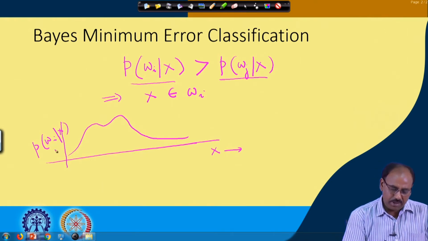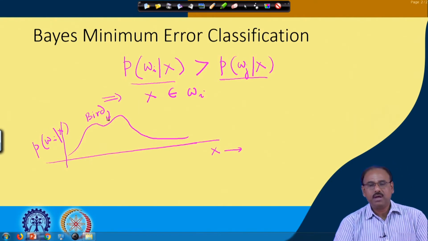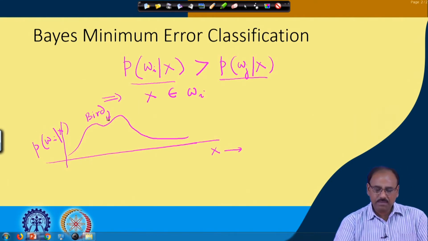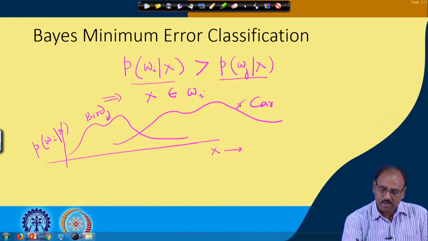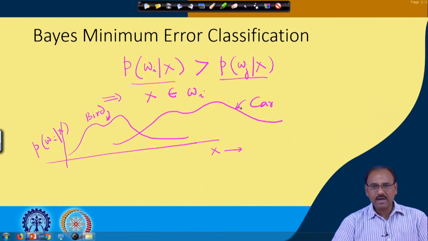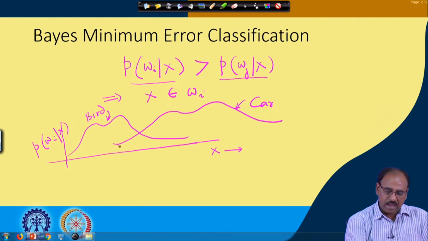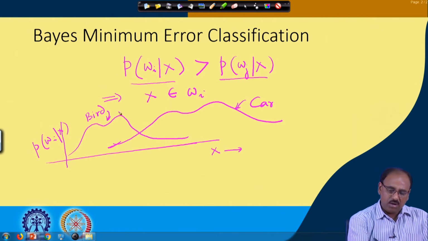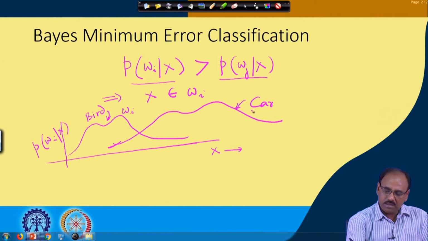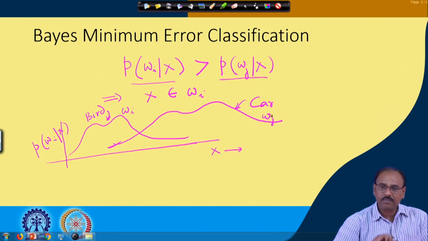If my omega i is bird, then I can have this sort of a posteriori probability density, whereas for car, maybe P of car given x has some density something like this. So this is my omega i, this is my omega j.